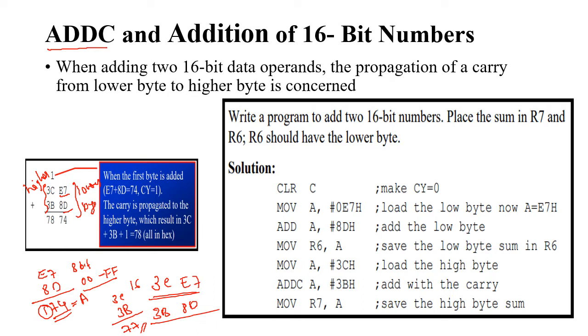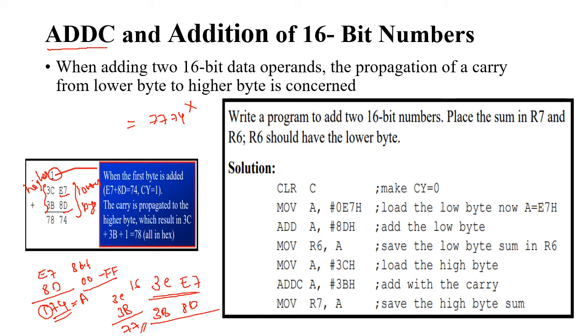The sum you get if you use the normal ADD instruction is 7774, which is actually wrong because you have not considered the carry.